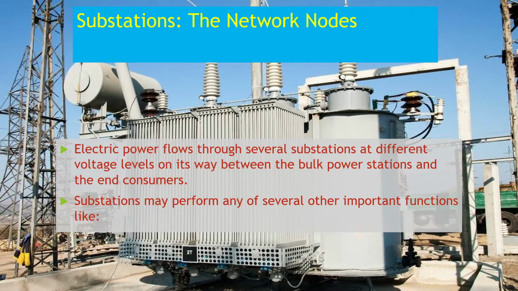Substations may perform any of several other important functions like voltage control, reactive power control, power factor correction, then power flow control by phase shifting transformers or power electronic plants, UHV, EHV or HVDC conversion to connect high voltage DC lines, connection of two unsynchronous power systems by UHV, EHV or HVDC coupling.